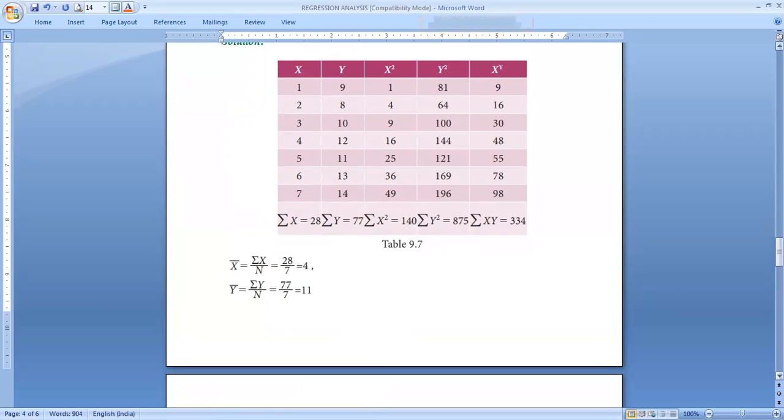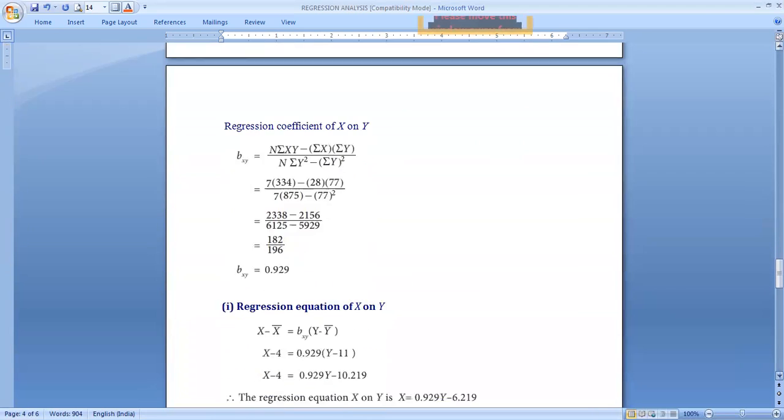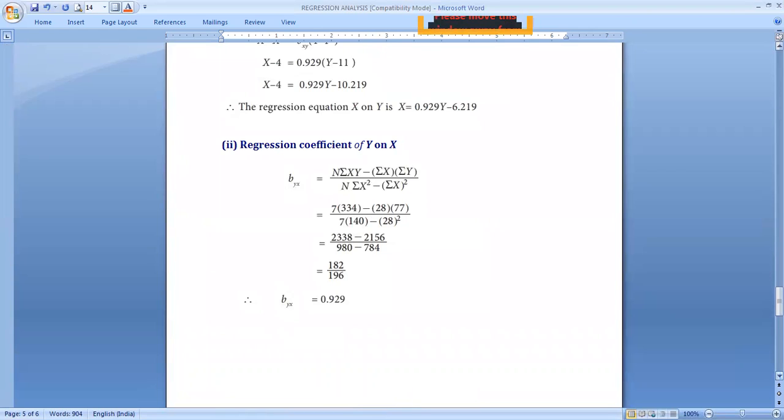This is the table. So the value of summation xy is equal to 334, minus the value of summation x, which is 28, and the value of summation y, which is 77.